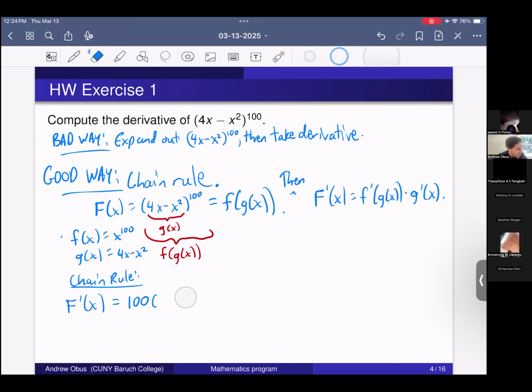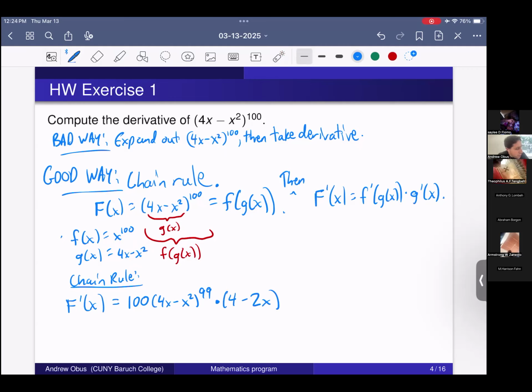So maybe I'll leave myself a little bit of extra space. So it's not 100 times x to the 99, but it's 100 times 4x minus x squared to the 99. And then you have to multiply it by g prime of x. But we know how to take the derivative of 4x minus x squared, because the derivative of 4x is just 4, and the derivative of x squared is just 2x.